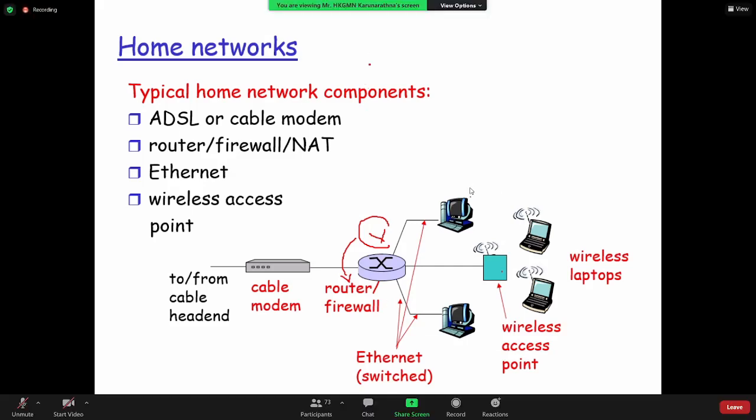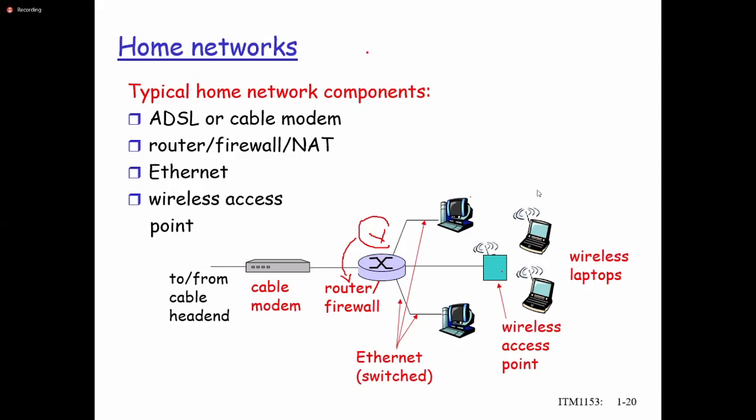But in your laptop or desktop, usually if you have Windows, there is a software based firewall. That software knows what the harmful software is, and automatically blocks it from entering your computer.